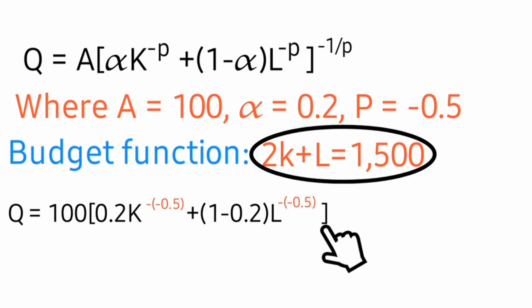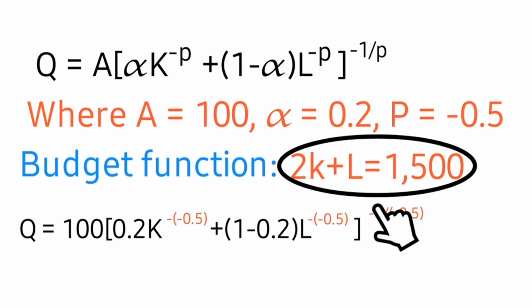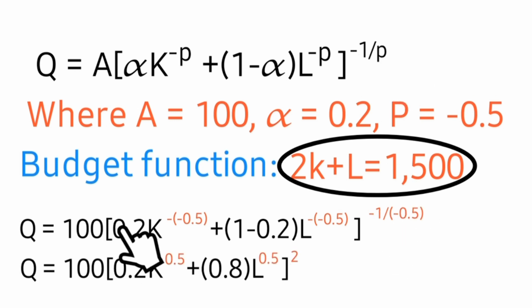We close our bracket, raised to the power of minus 1 over P. We have 100, open square bracket, 0.2K, minus times minus gives plus, so raised to the power of positive 0.5, plus 1 minus 0.2 gives 0.8L, again minus times minus gives plus, so raised to the power of 0.5, close square bracket, raised to minus 1 divided by minus 0.5, which gives 2. So we work with this formula to get the partial derivatives with respect to K and L.